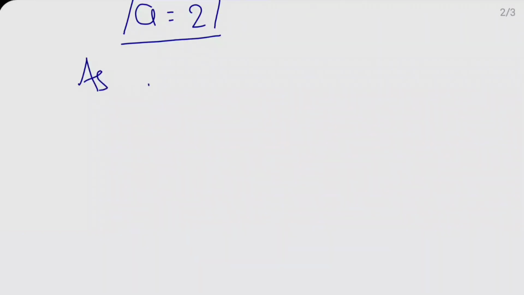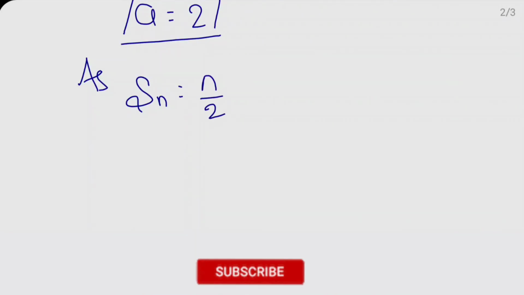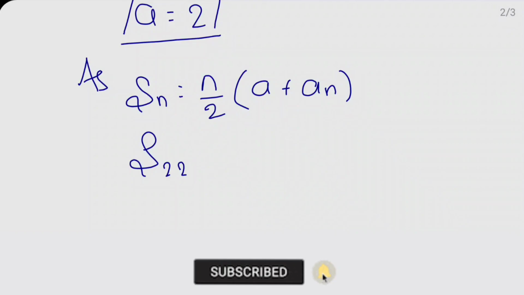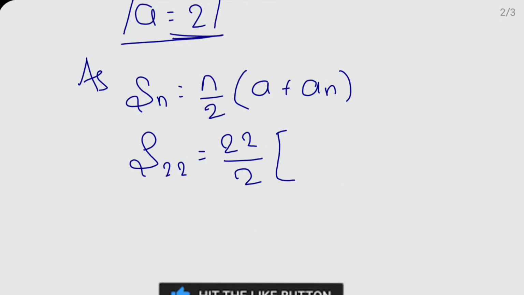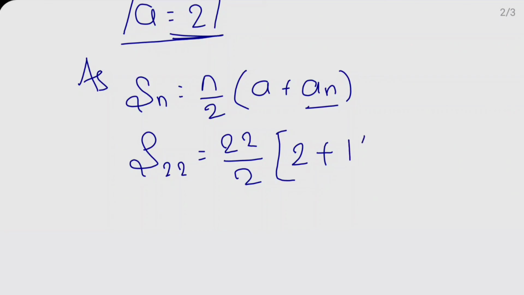So write down here, as we know, Sn equals n by 2 times (a plus an). S22 equals 22 by 2 times (a, which we got as 2, plus an, which they gave as 149), right?